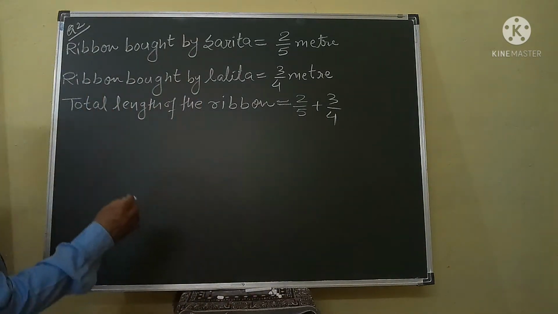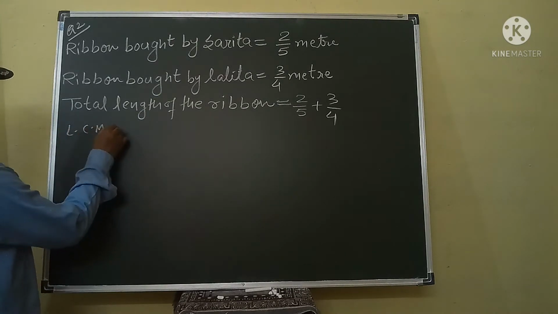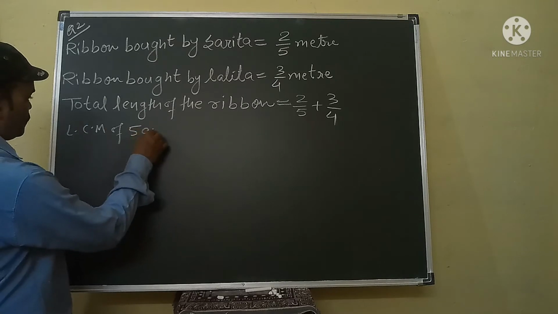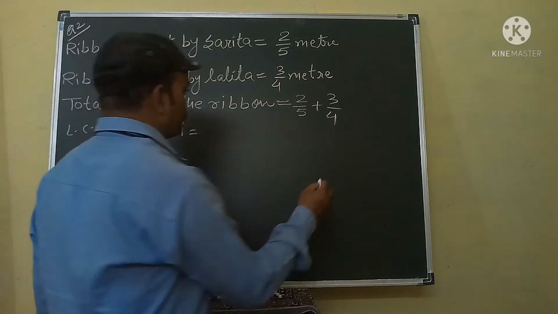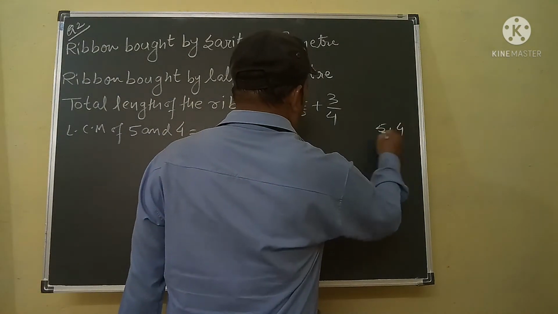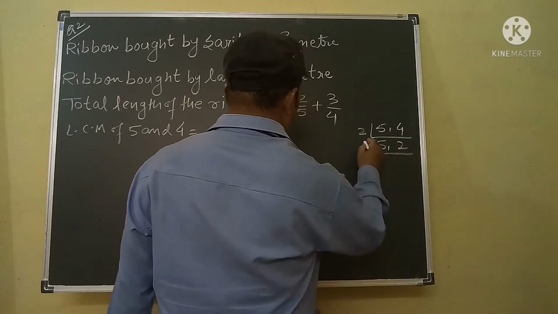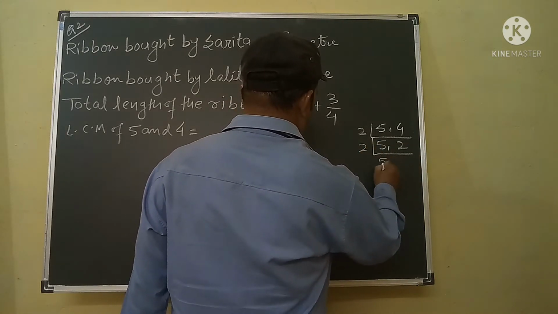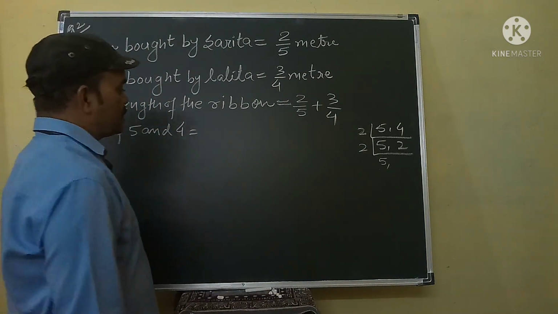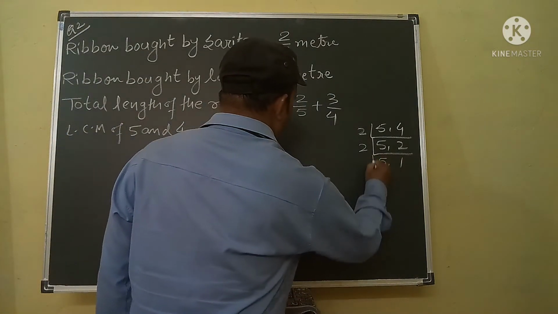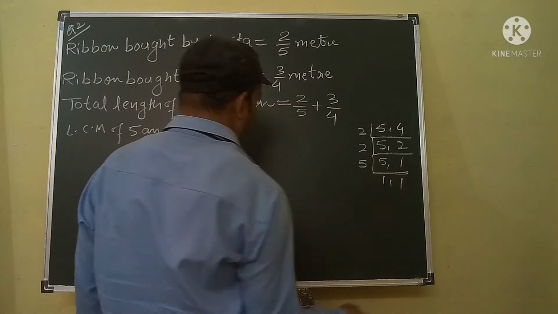So my dear student, LCM of 5 and 4 is equal to, you know very well, 2 2s are 4 and this is 2. 5 is not divided by 2, so as it is, 2 1s are 2 and 5 1s are 5.